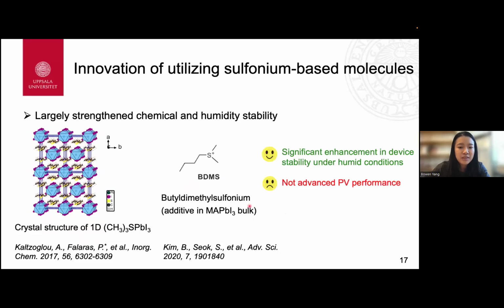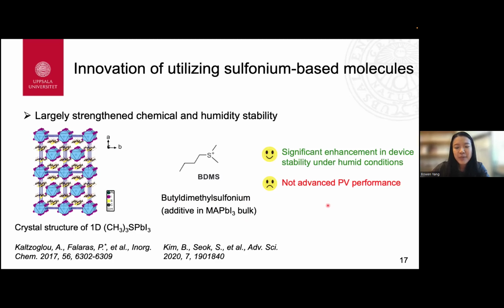And similarly, a fully alkylated sulfonium salt, BDMS, was introduced earlier into methylammonium lead iodide perovskite bulk, and exhibited a significant enhancement in device performance, especially under humid conditions. Although the device performance improvements are not pronounced in this case, they're comparable with their reference cells.